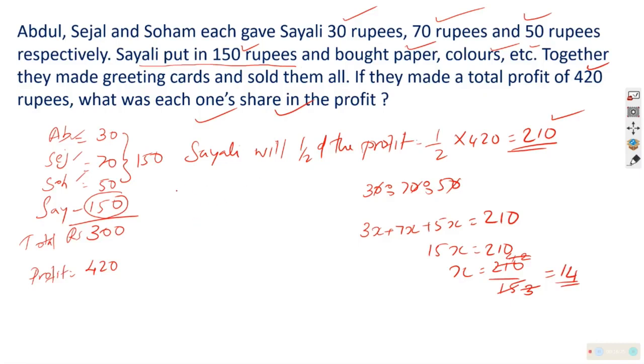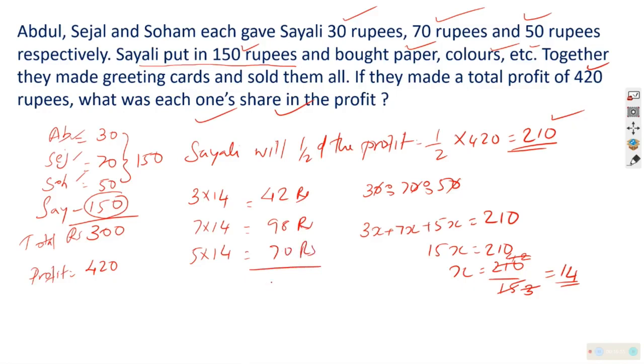So now we can give everyone their money, no problem. 3 into 14 for Abdul, 7 into 14 for Sejal, and for Soham it is 5 into 14. This is equal to 42 rupees, 7 into 14 is 98 rupees, and here it is 70 rupees.